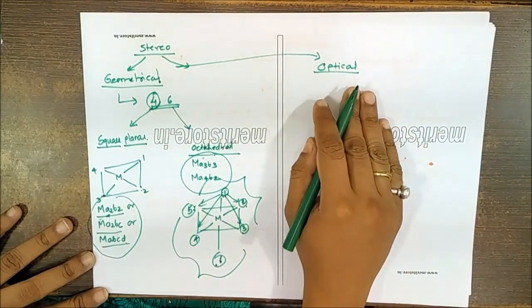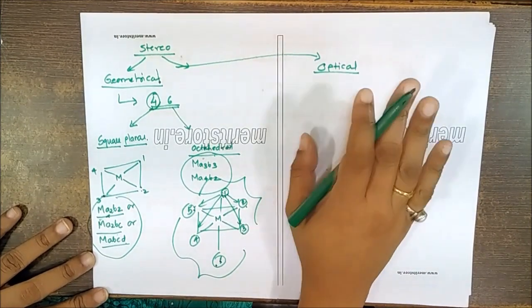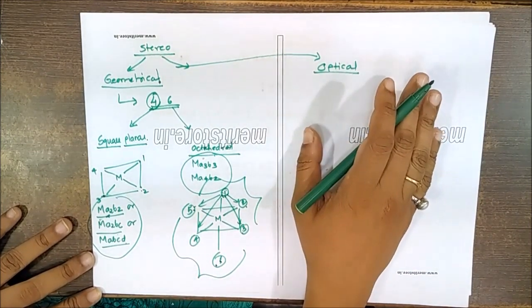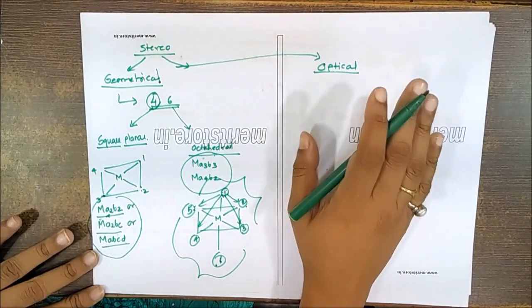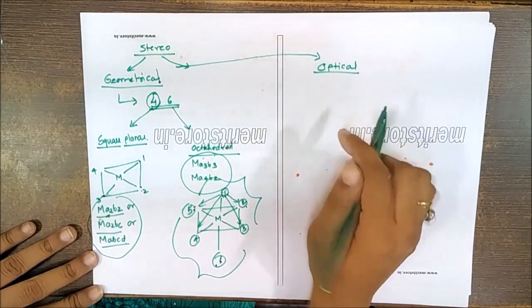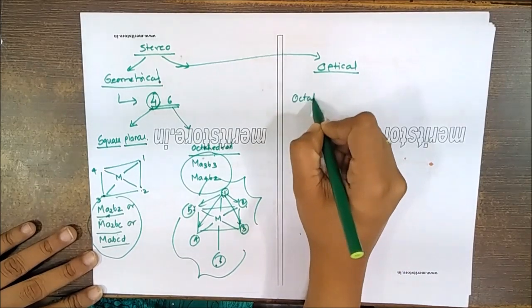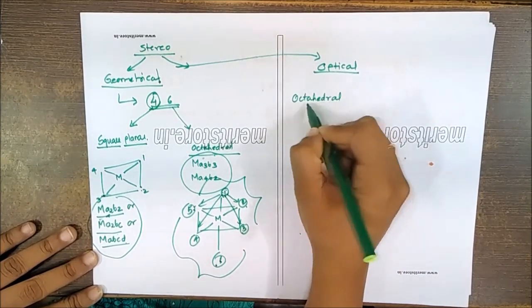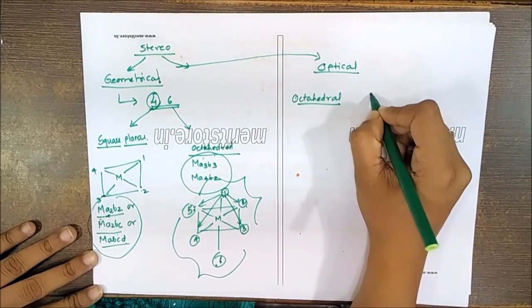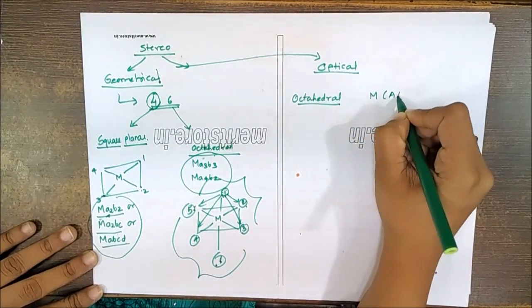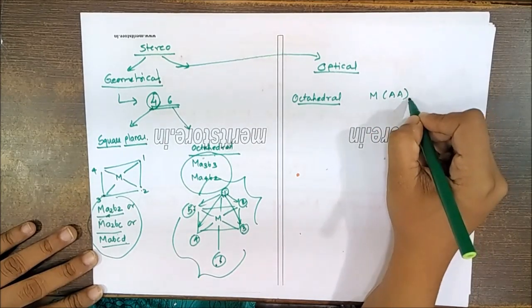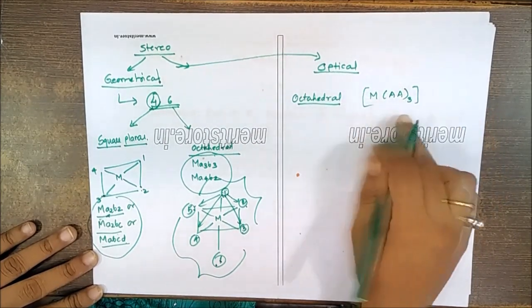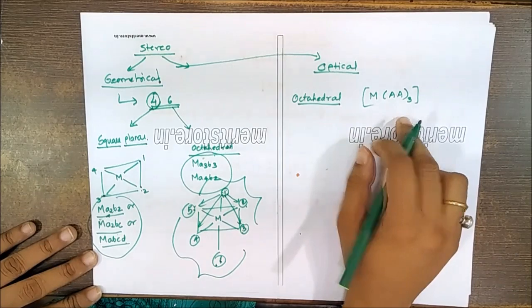In case of optical isomerism, for the tetrahedral complexes it's possible, but they are very labile in nature, no one has isolated them. So we have to remember there are some octahedral complexes only which show optical isomerism. Now octahedral complexes with polydentate ligands, especially the bidentate one, can show optical isomerism.